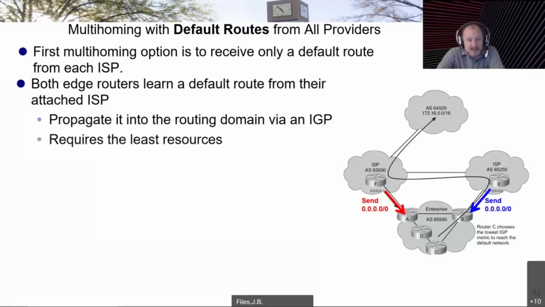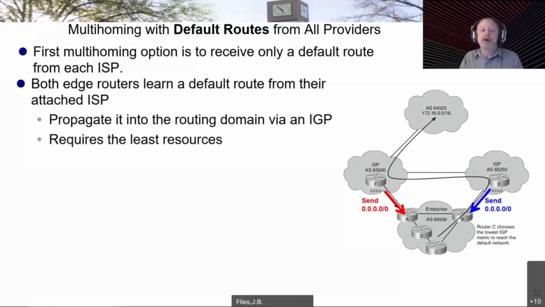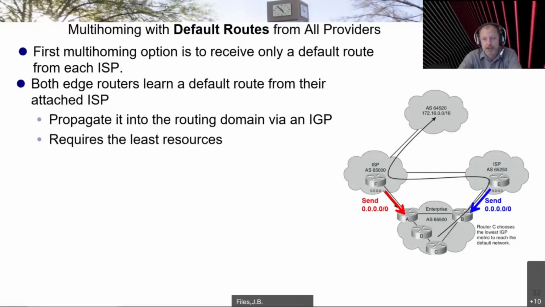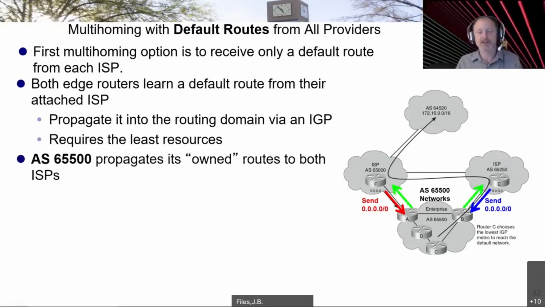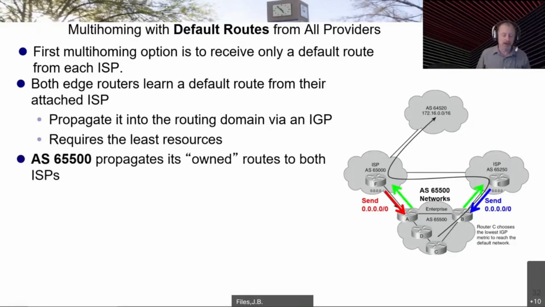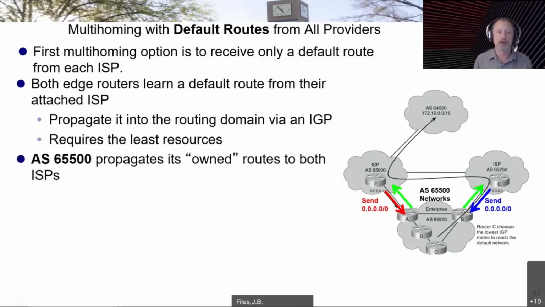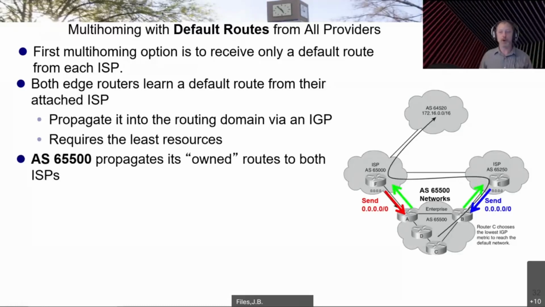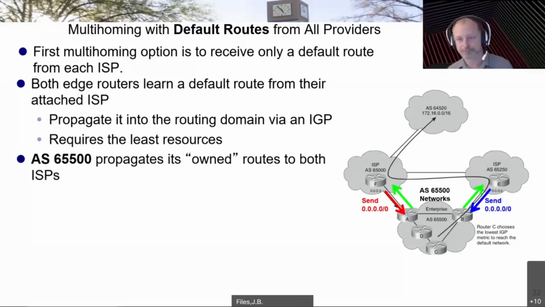This is going to involve the least amount of resources; it's the least resource intensive. Our autonomous system is going to advertise its own globally routable networks via BGP to both ISPs.